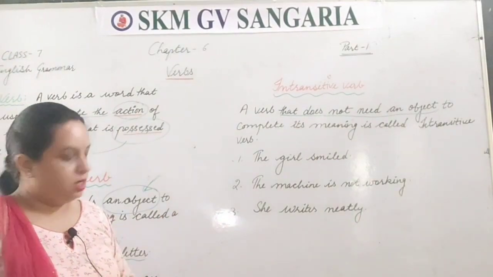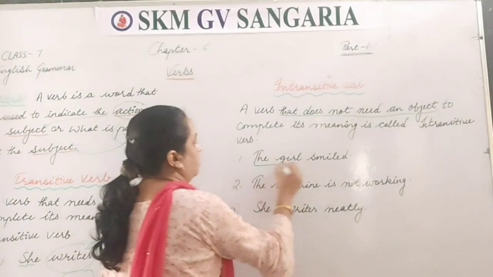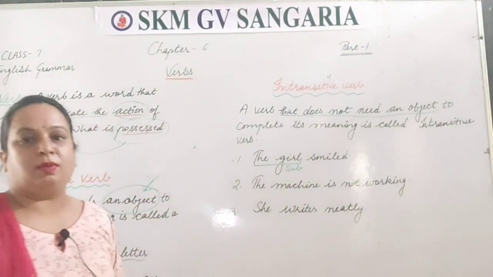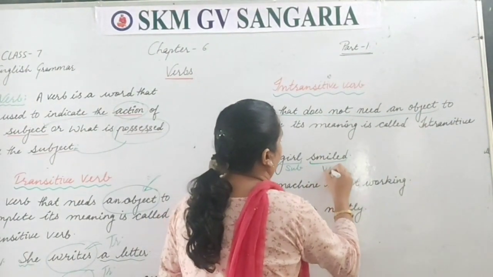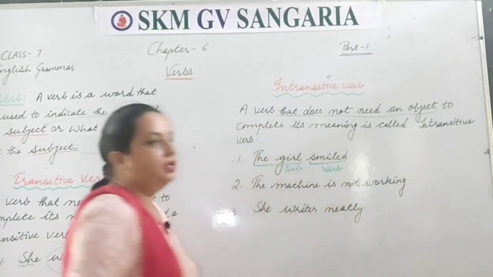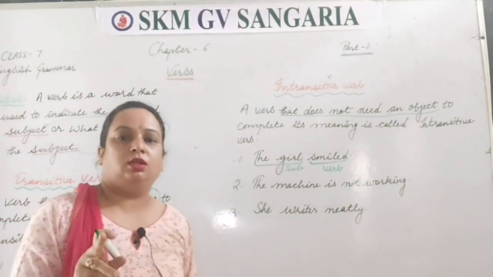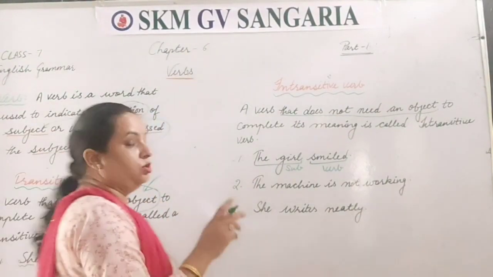See the examples here. The girl smiled. The girl is the subject. Smiled is the verb. But after that there is no object. Clear? So an object must be a person or a thing.